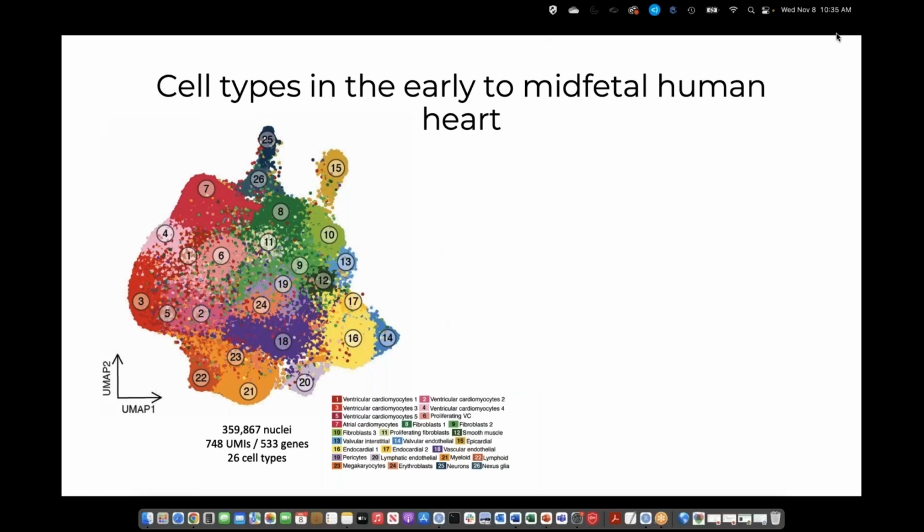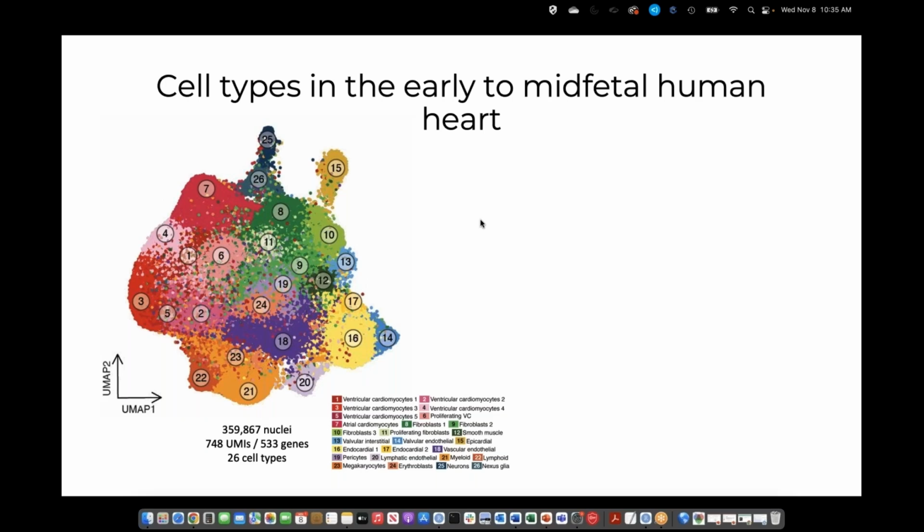The first thing that we did after filtering for mitochondrial percent, ambient RNA, and doublets was to perform uniform manifold approximation and projections in order to identify the cells that are related to each other.